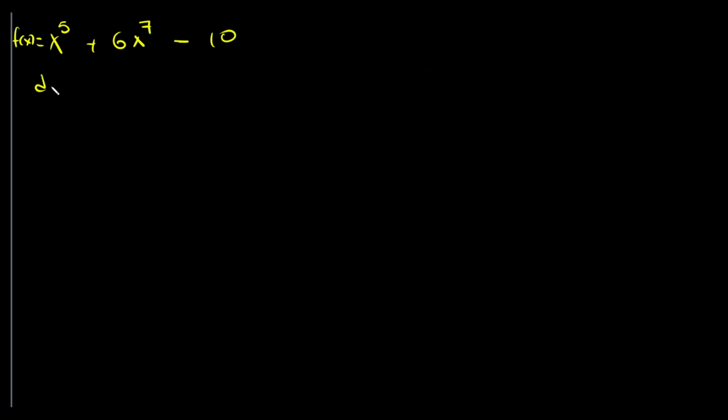So what is my dy dx? Let's take our derivative. dy dx is going to equal, let's take the derivative of x to the power of 5. My 5 is going to go in front, and it's going to be 5 minus 1, 4, x to the power of 4, plus 6 times 7 x to the power of 6. 7 minus 1 is 6, right?